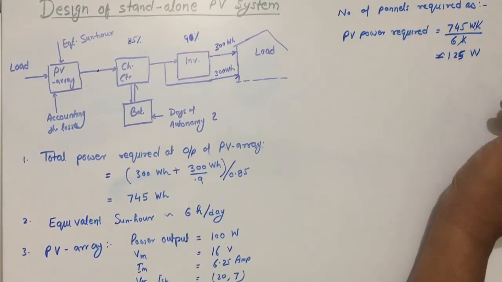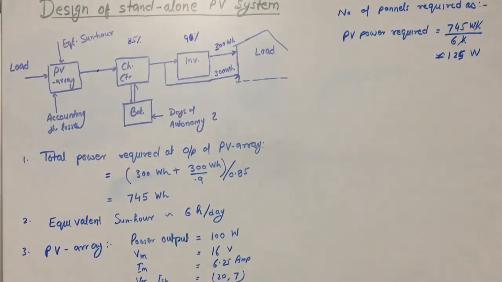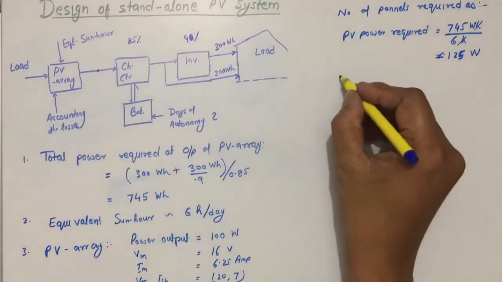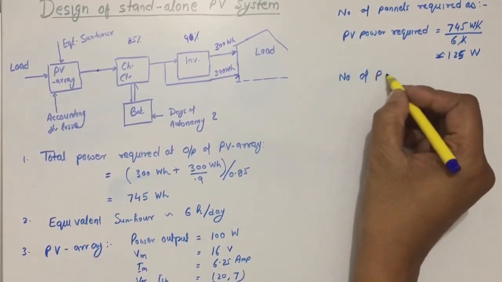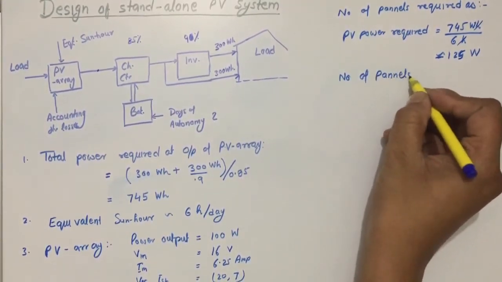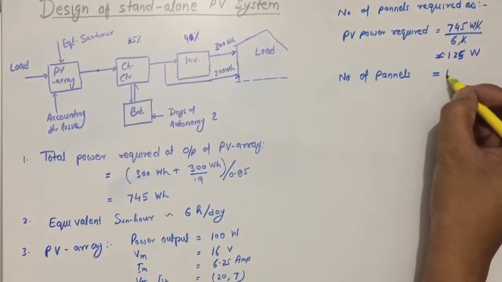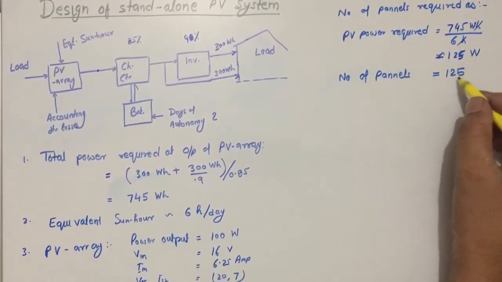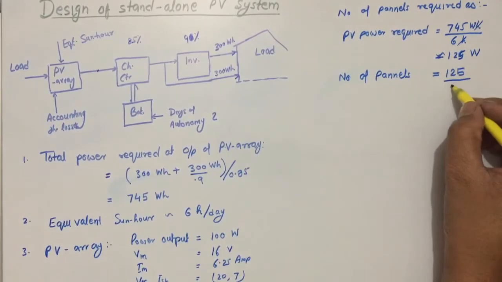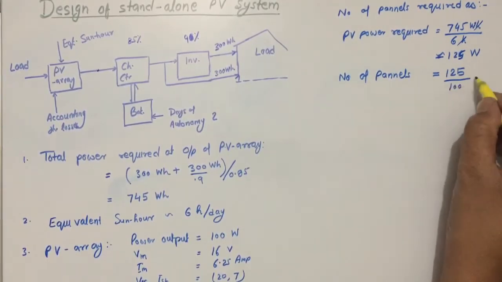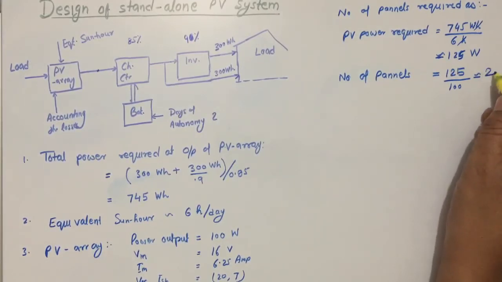This is the power requirement, and the number of panels can be the power required divided by the rating of one panel. So it is 1.25, but if we consider the next integer value, then it will be 2.